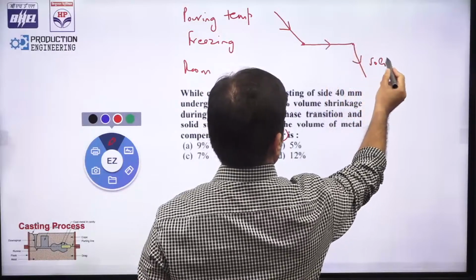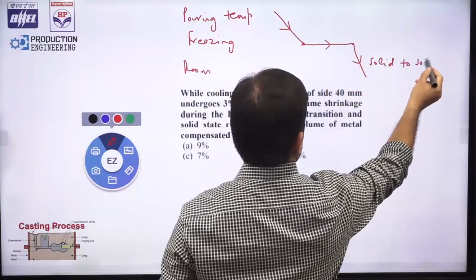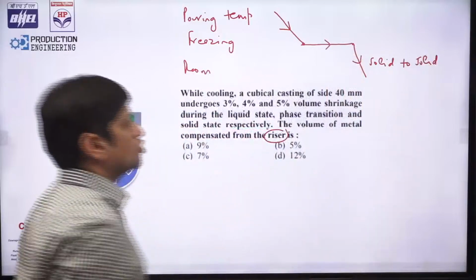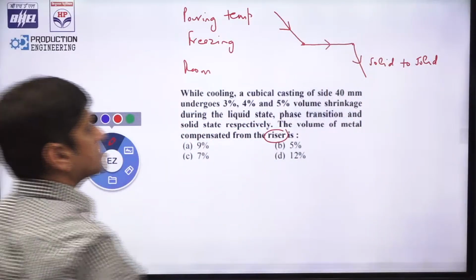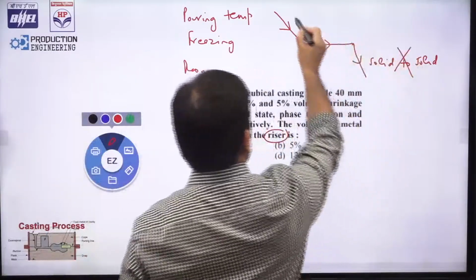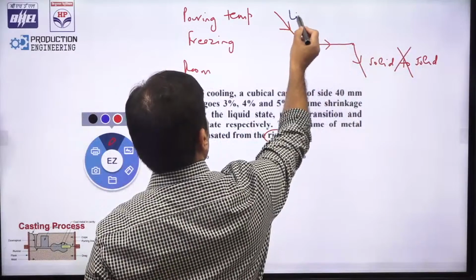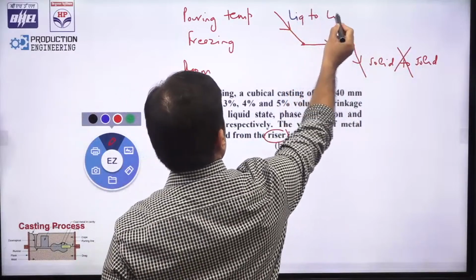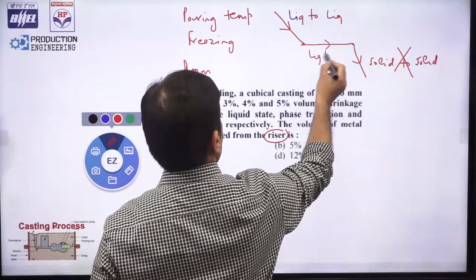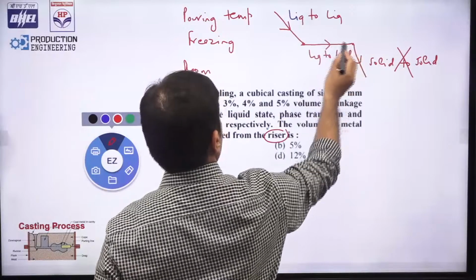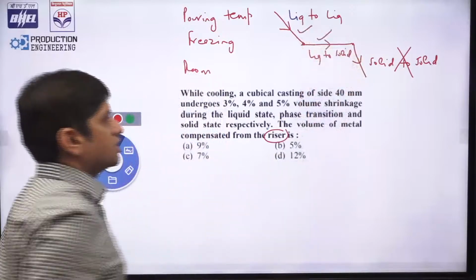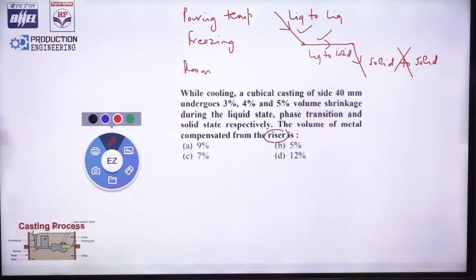So this one is solid to solid, from freezing temperature to room temperature. Riser does not cater to this. Riser caters to liquid to liquid, and liquid to solid. Phase change is liquid to solid. This and this is taken care of by the riser.